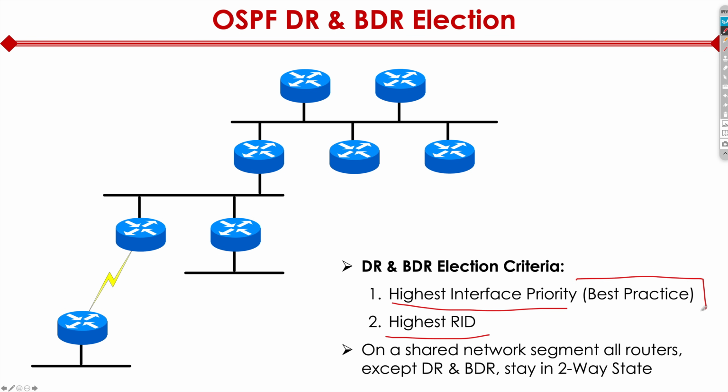Now in real world, typically the best practice design would be to use the interface priority as a tiebreaker, because then you know for sure that, for example, if you want this guy to be DR no matter what, if you set up this interface right here with the highest interface priority, then this guy will always be preferred no matter what. And one last thing to keep in mind is on a shared network segment, all routers except DR and BDR stay in two-way state. And we talked about states a little bit ago.